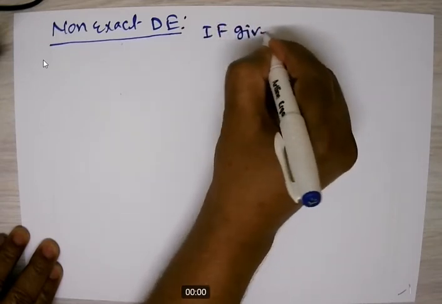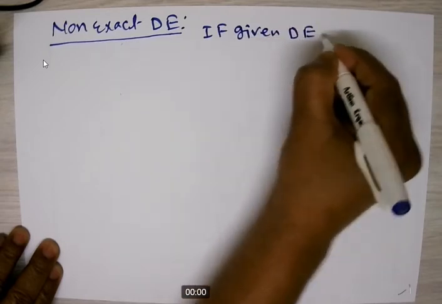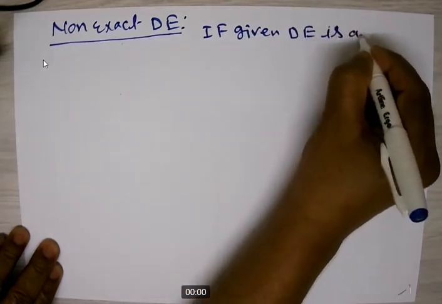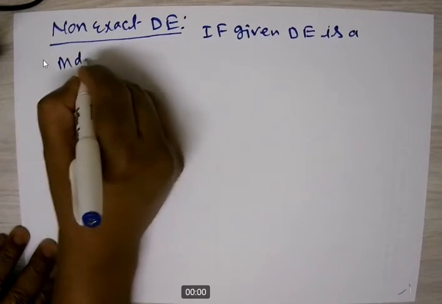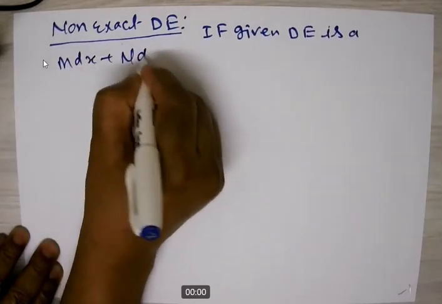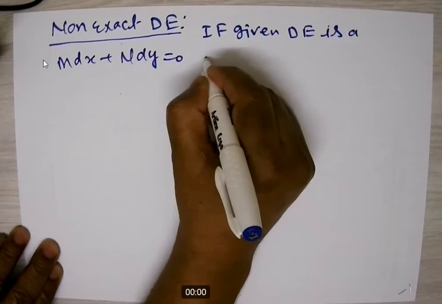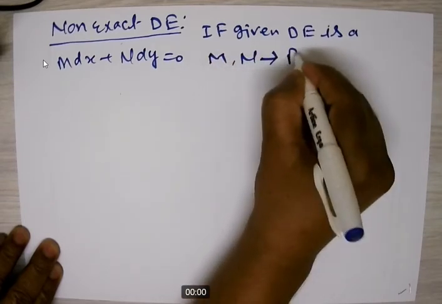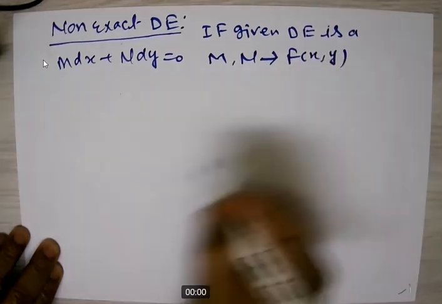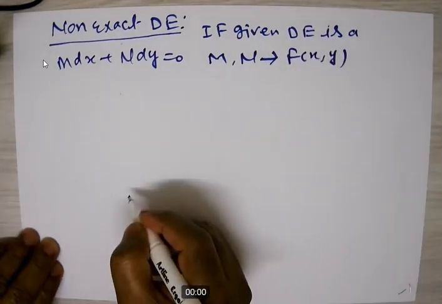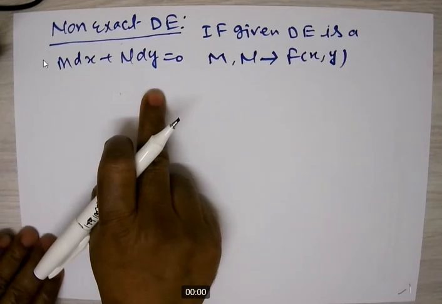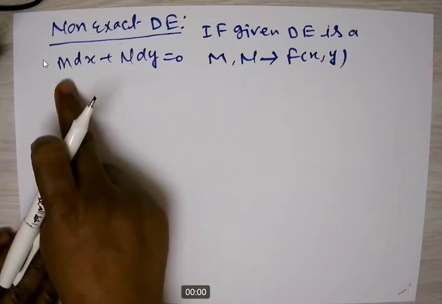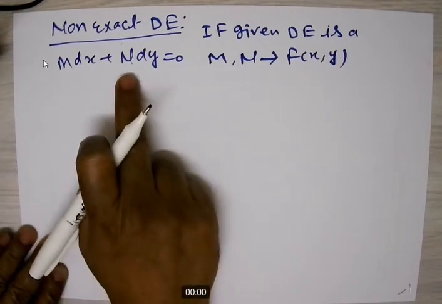the given differential equation is M dx plus N dy equal to 0, where M and N are functions of x and y, then the given differential equation is exact if the partial derivative of M with respect to y equals the partial derivative of N with respect to x.